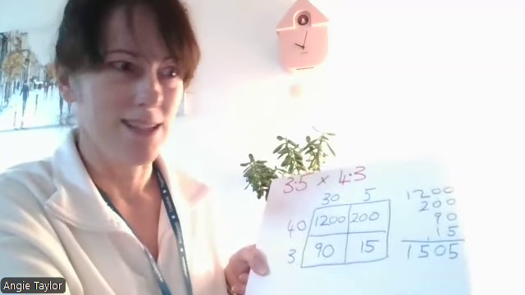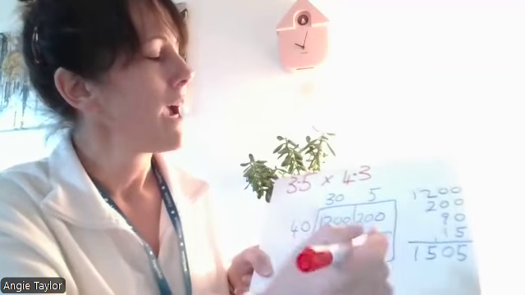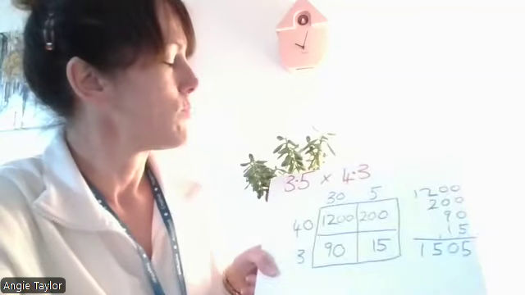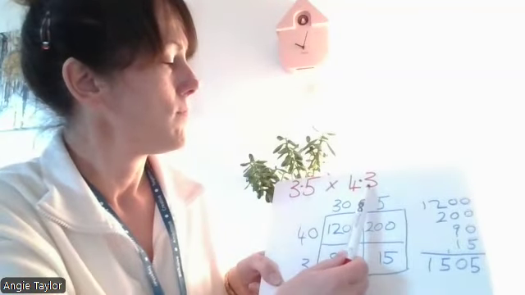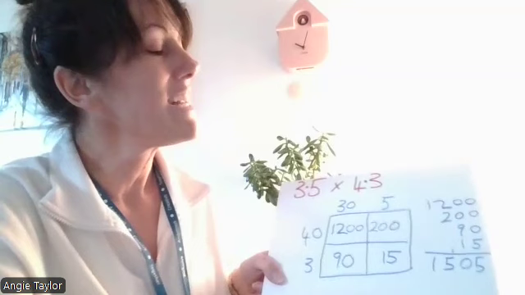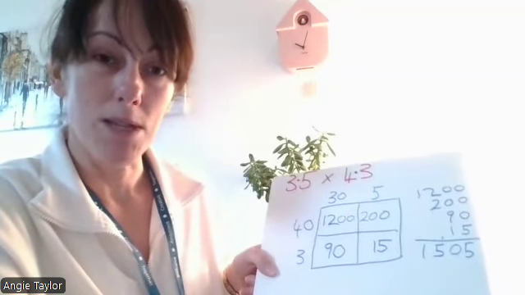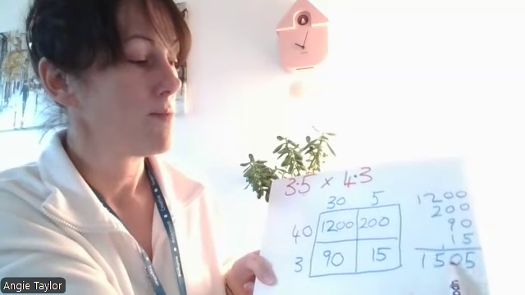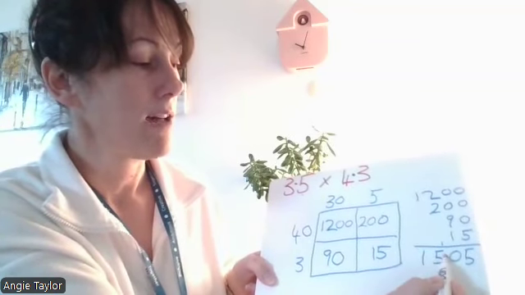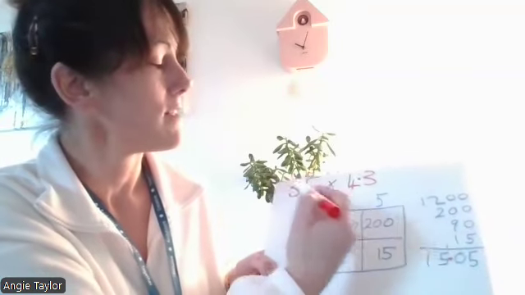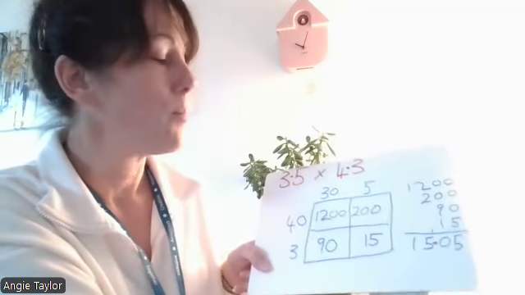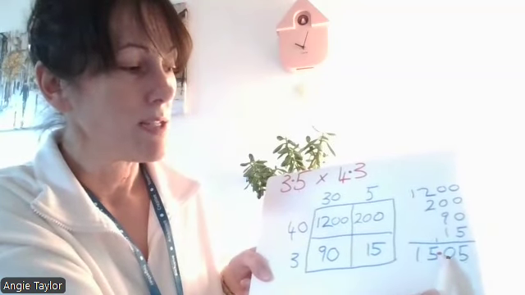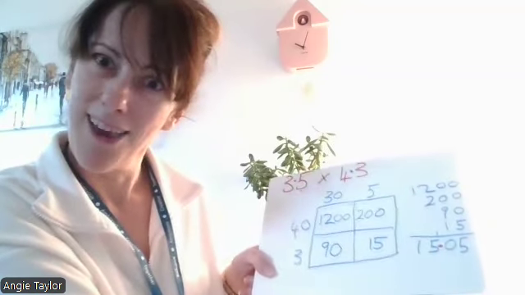And this is what I think is really clever. How many digits in this sum come after the decimal point? We've got 1, 2. So we need 2 numbers after our decimal point in this answer. You can use a calculator now to find out what is the answer to 3.5 times 4.3. You'll find it's 15.05. Cool.